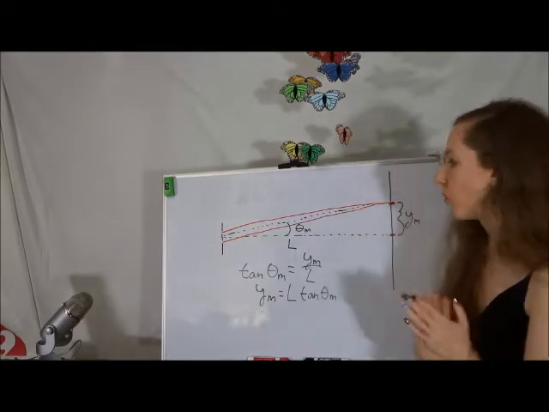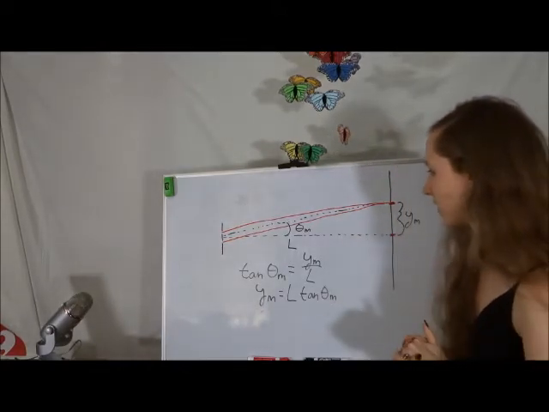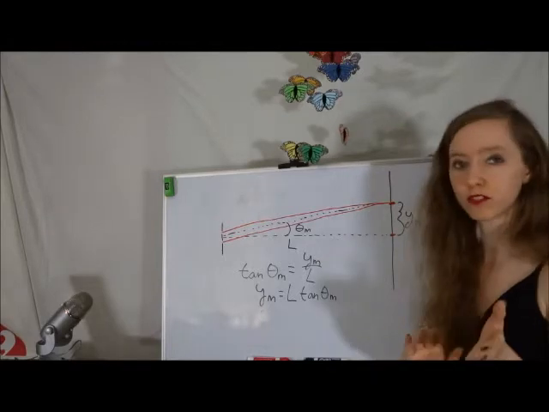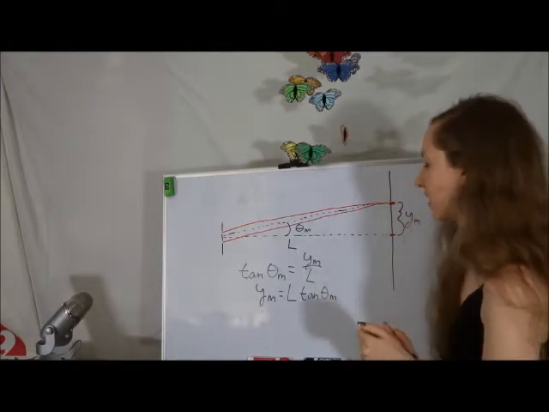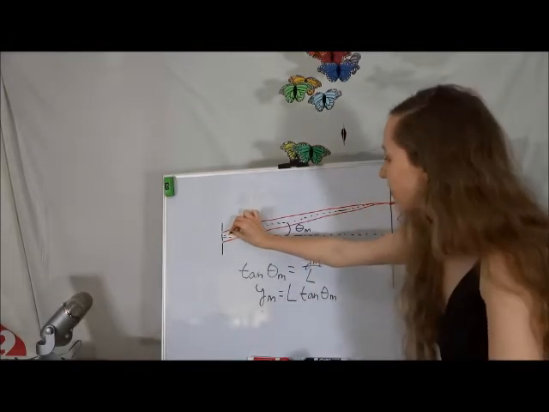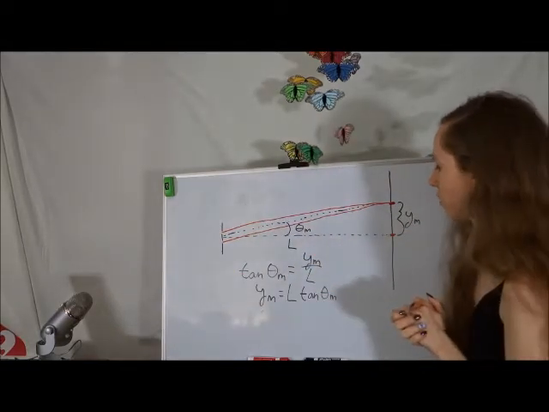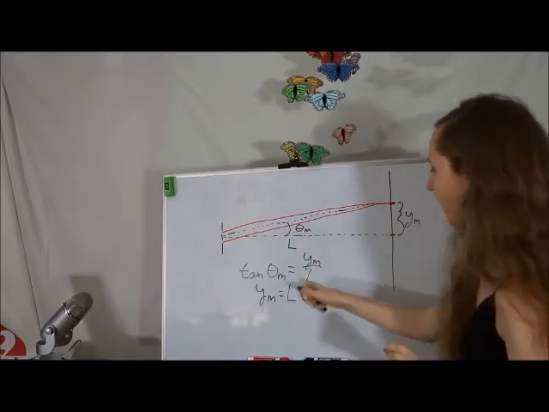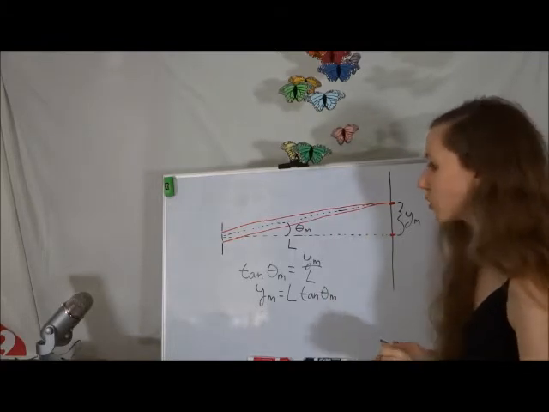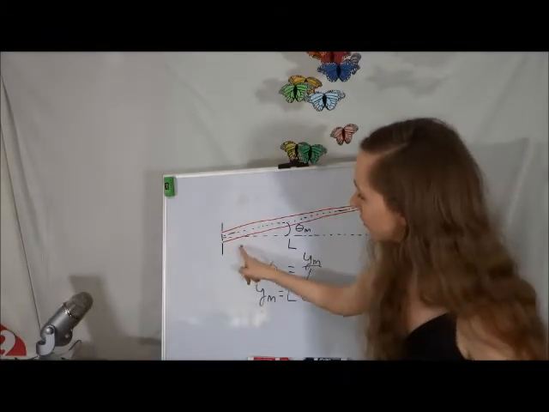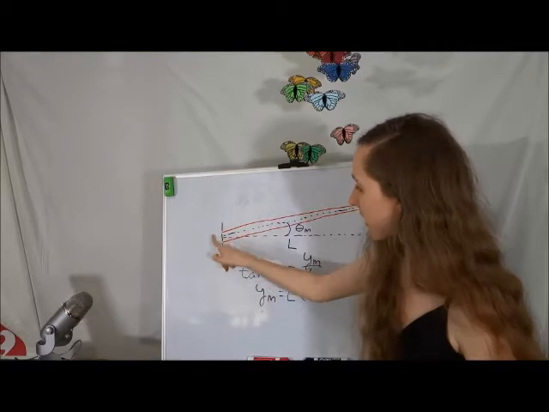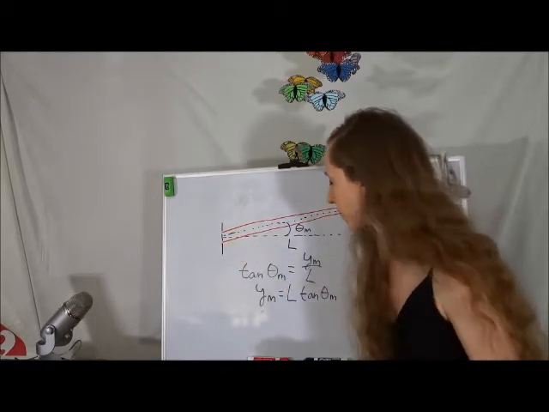Now, one problem with using this equation is our angle, it turns out, is going to be really small. Because again, these slits are going to be spaced really, really close together, and our screen is going to be really far away. So we want to find some way to replace the angle in this equation, and to do that, we're going to zoom in real quick on this area here and do a little bit of trig with it.